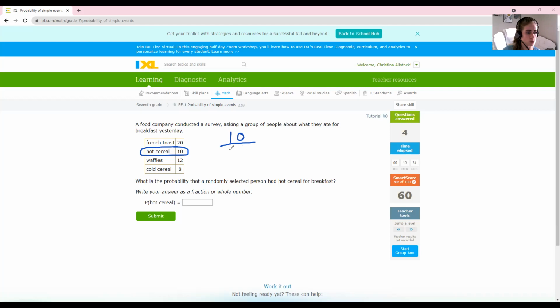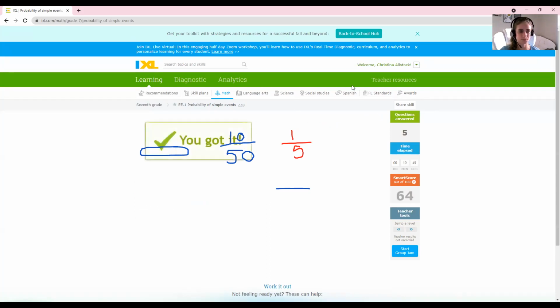So 50 people completed that survey. So 10 out of 50 people picked hot cereal. But as always, we need to simplify our fraction. Well, we can reduce that by dividing by 10. 10 divided by 10 is 1. 50 divided by 10 is 5. So 1/5 of the people had hot cereal.